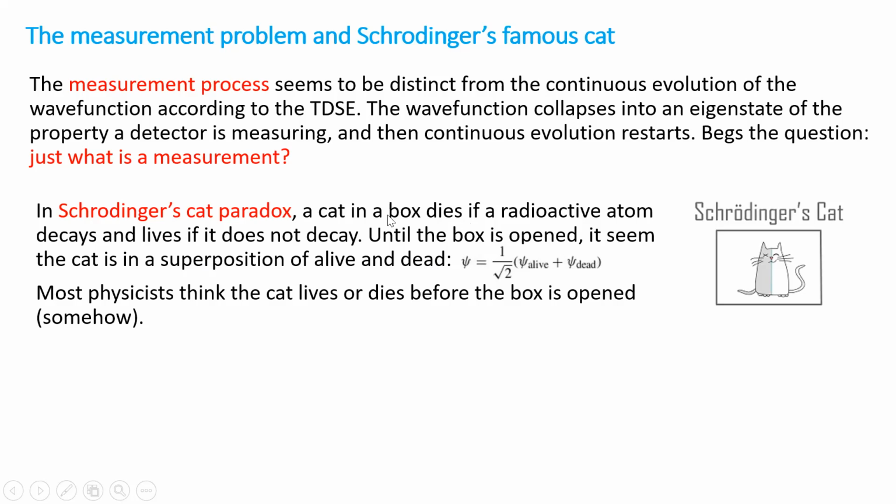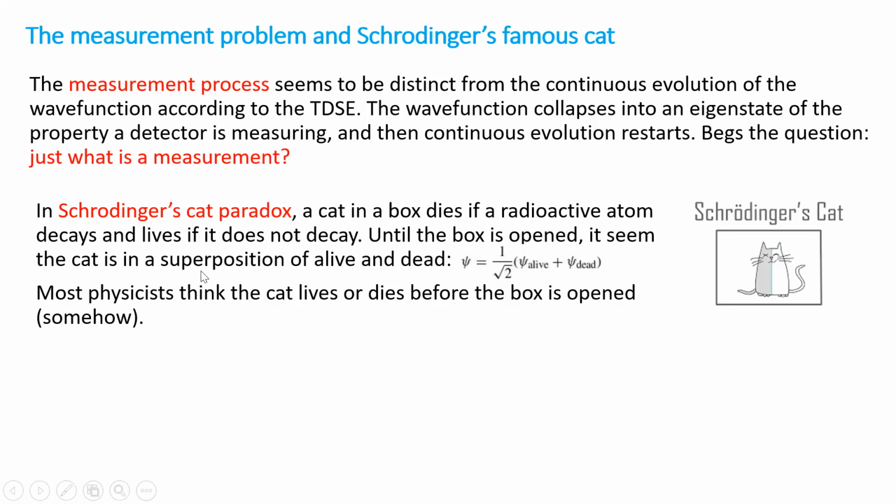That's a quantum probabilistic process. And since the cat's fate is tied to the atom, it seems as if the cat's wave function would be a superposition of alive and dead, which just blows your mind, that we really think this whole cat is in this ghostly superposition of two states, being alive and dead at the same time.